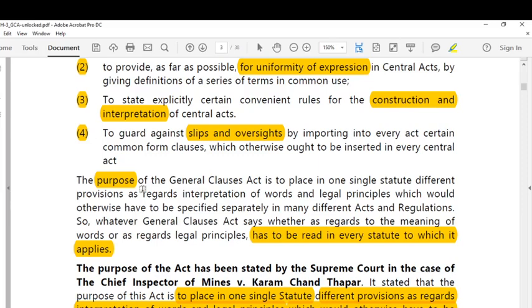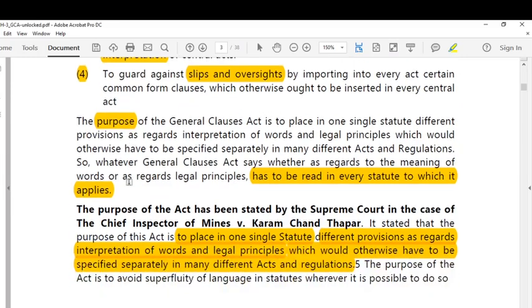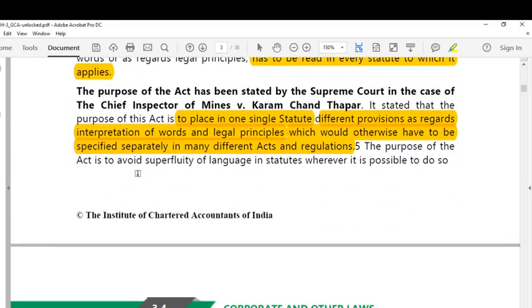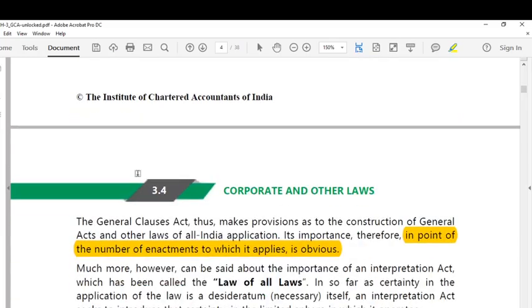So, to place in one single statute different provisions as regards interpretation of words and legal principles which would otherwise have to be specified separately in many different acts and regulations. This has been stated by the Supreme Court in the case of the Chief Inspector of Mines versus Karamchand Thapar.